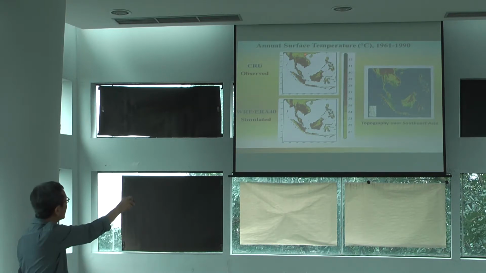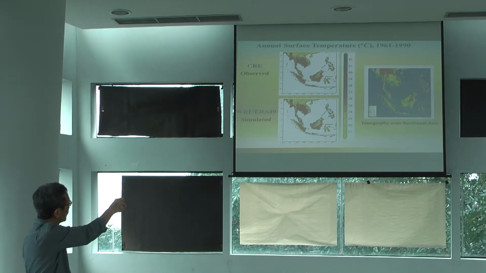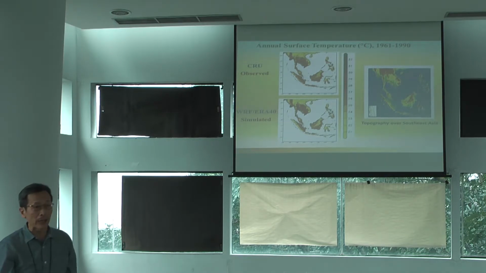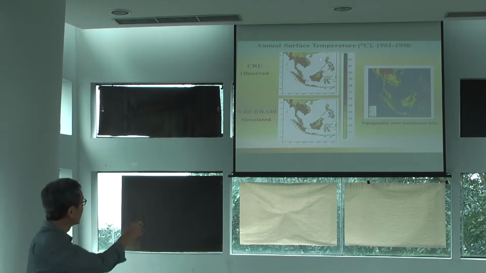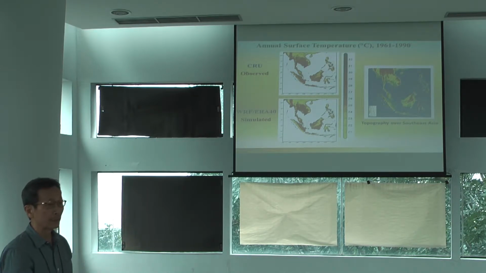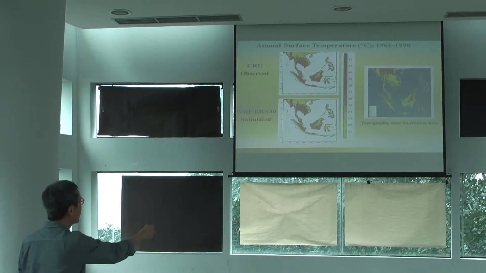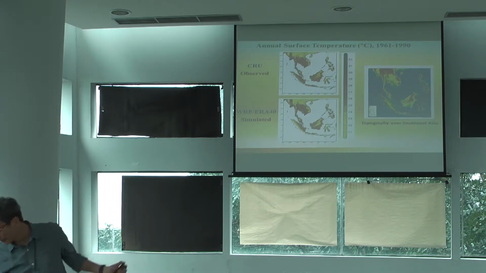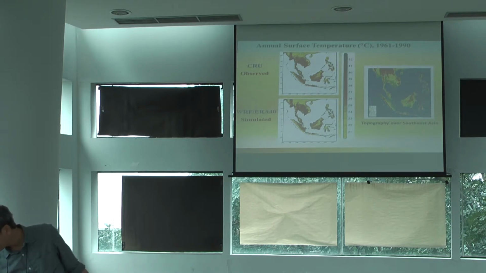Over here it's not downscaled, with CRU. Though you see yellow color, it's not that pronounced because the resolution over here is 50 by 50 kilometers. Over here it is 30 by 30 kilometers. So there's an added value to downscaling, as far as temperature is concerned.